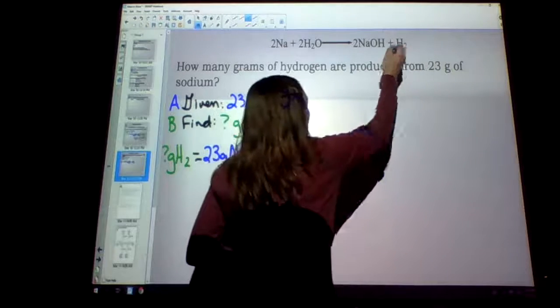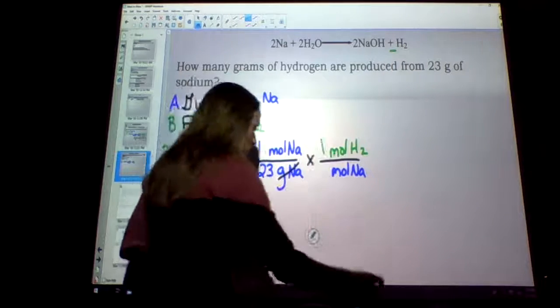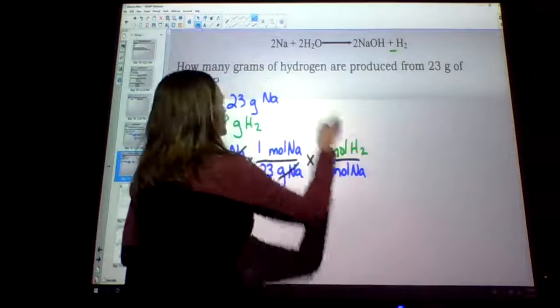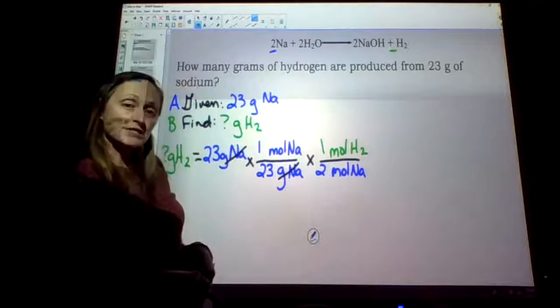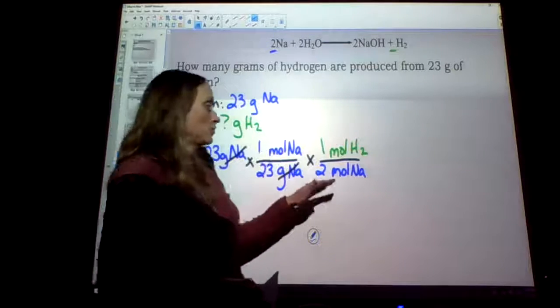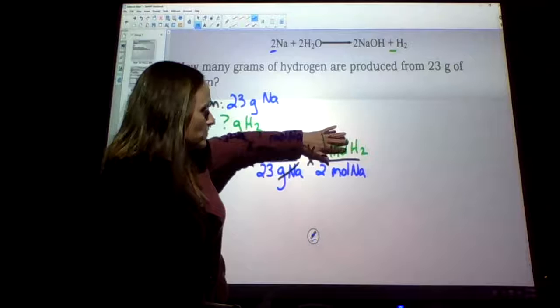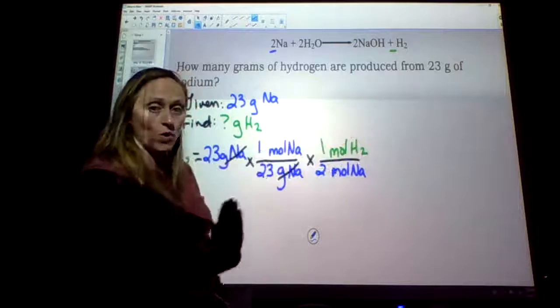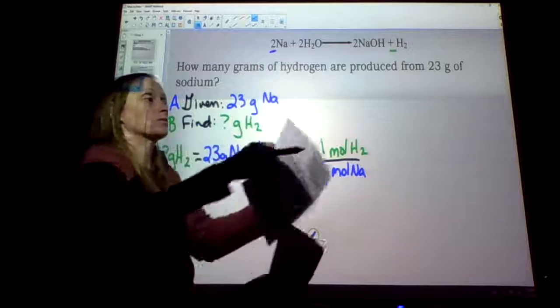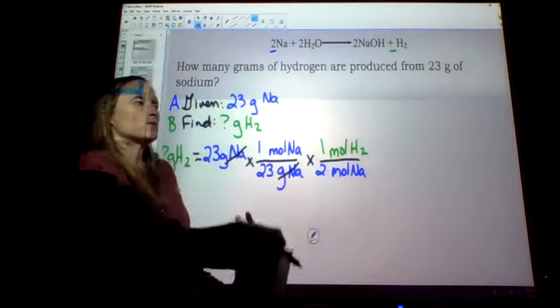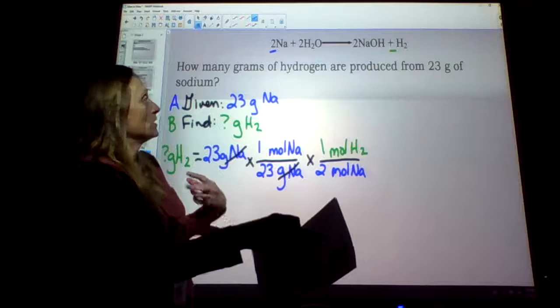For hydrogen, that's going to be 1, and for sodium, that's going to be 2. So again, in our bridge step, our number of moles may not be 1 because our substances are not the same in our equality, and that's okay. We want to use our balanced equation. This is where we're looking at the relationship between your reactant and your product.